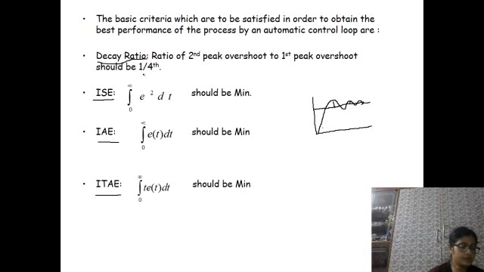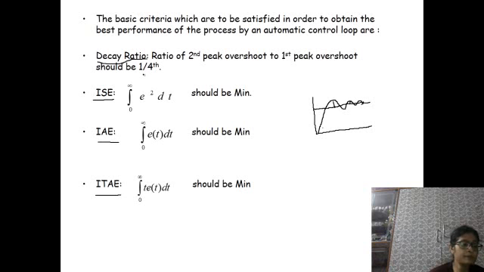In most industrial processes, IAE, ISE and ITAE are not easily measurable, but the decay ratio can be easily measured. So 1/4 decay ratio is the major important criterion that is to be fulfilled in order to select the parameters of a controller.